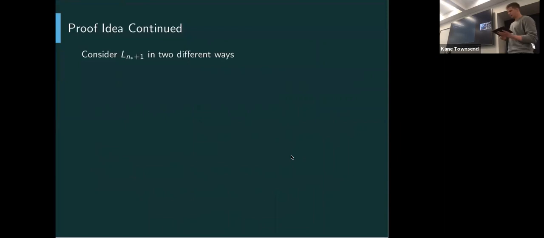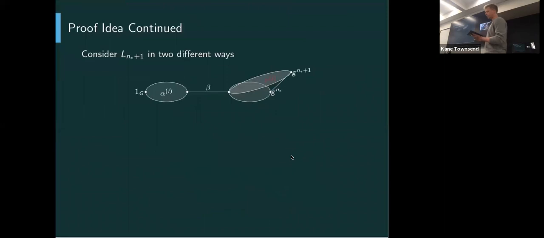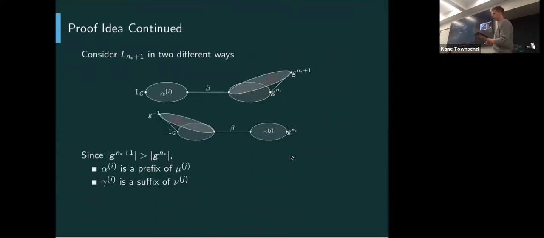And then the next step is we consider the geodesics for G^(n star plus 1) in two different ways. So we add a power of G to the other side, to the left side and the right side. Since there's a bound on non-degenerate triangles, we can set things up so that the geodesics from G^n star to 1_G all pass through this beta.